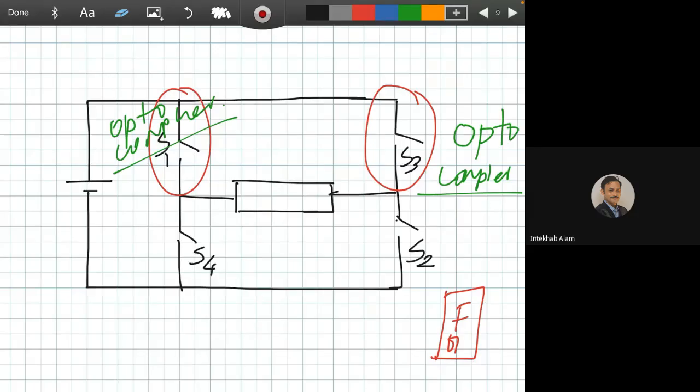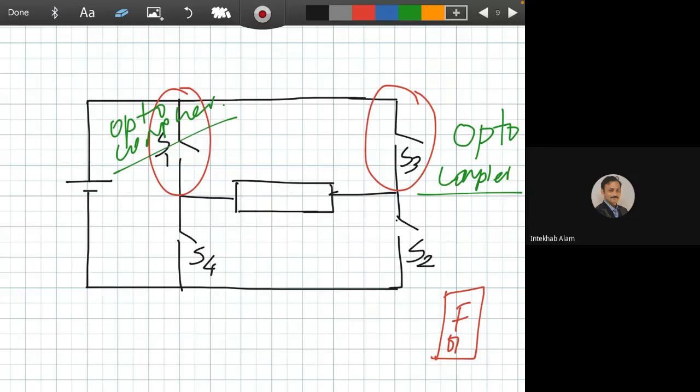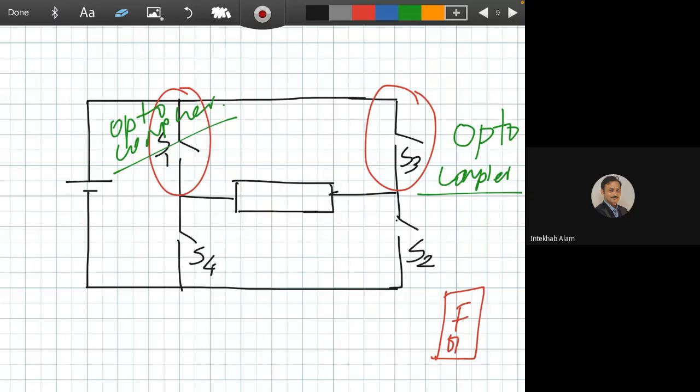You need two ground isolation circuits, two optocoupler circuits for these two switches. That is your homework.